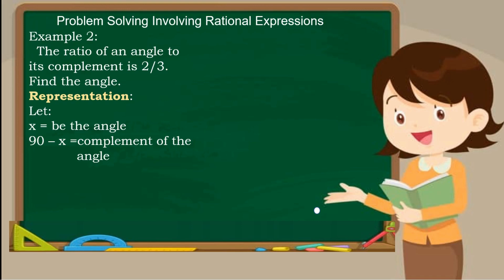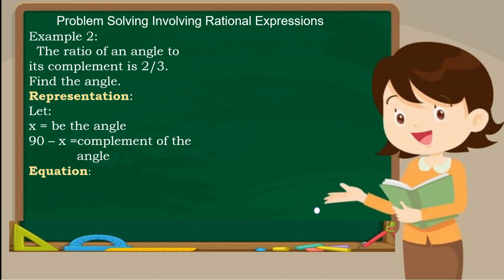So, 90 minus x. Yun yung complement niya. Para pag pinagsama mo sila, yung sum ng angles or angle measurement is equal to 90 degrees. Ayan. So, meron na tayong unang angle, tapos ito yung complement niya. Now, yung ratio daw nila ay 2/3. From this statement, isulat mo na yung equation. Okay?